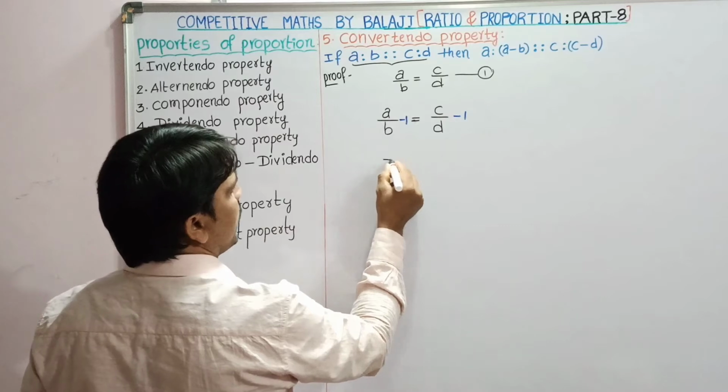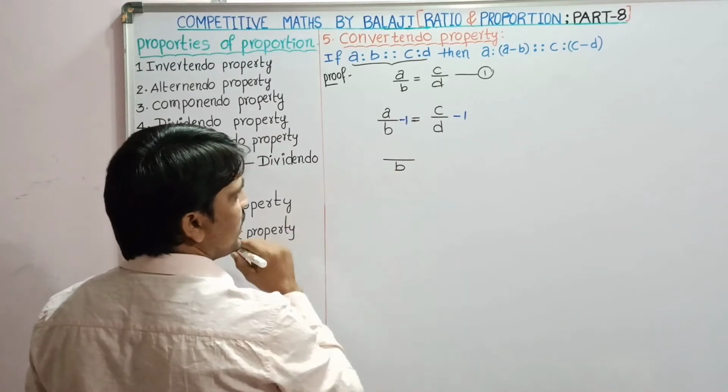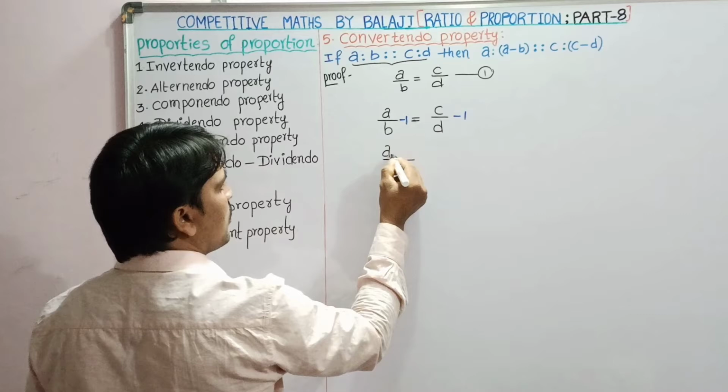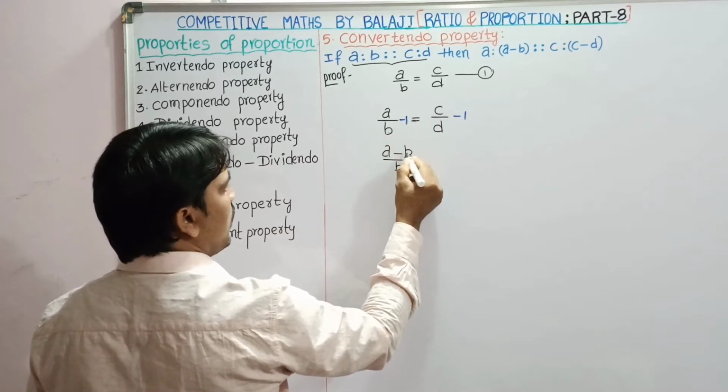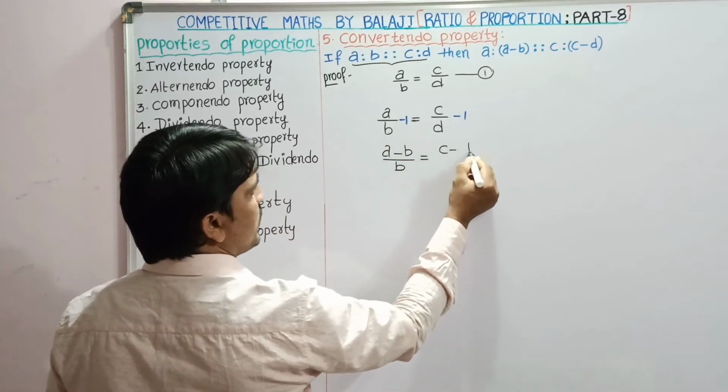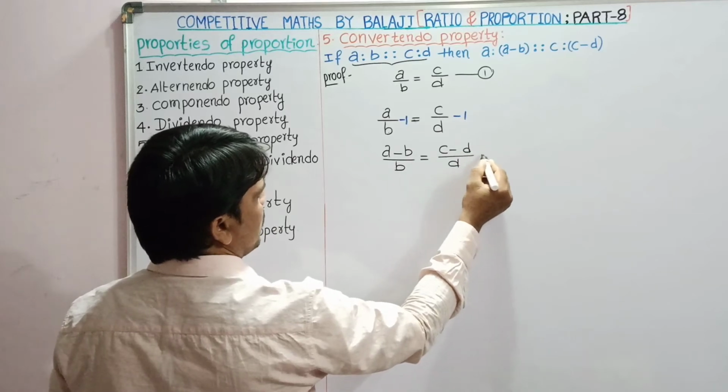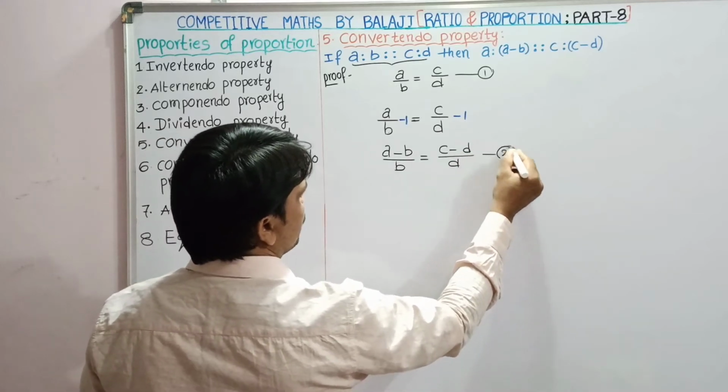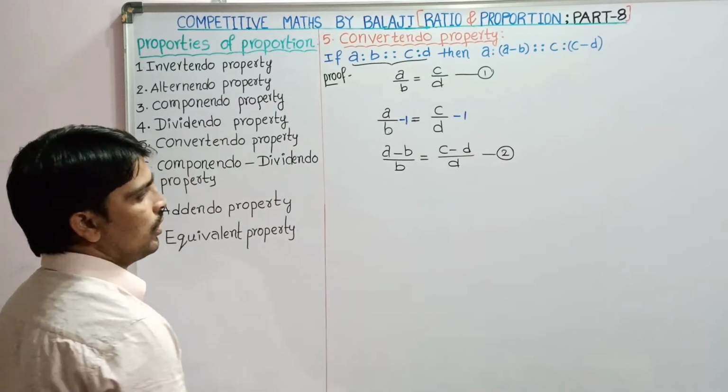What do we get? The LCM on the left-hand side is b: a minus b by b. In the same way, c minus d by d on the right-hand side. Let it be equation 2.